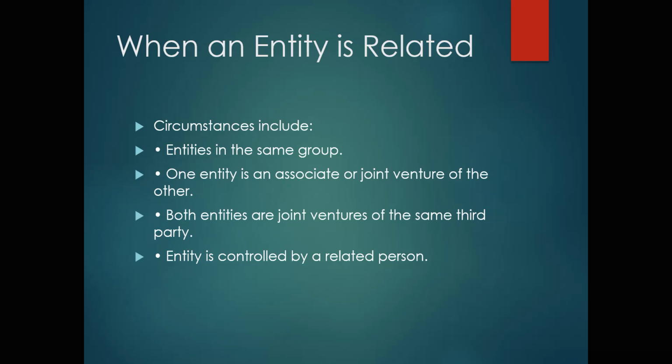So whether it's controlled by many companies, it is still what? That's our 51% shares, right? 51% plus shares is a related party with its subsidiaries. So the entity is controlled by a related party.